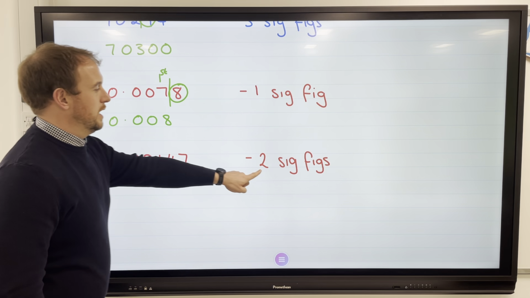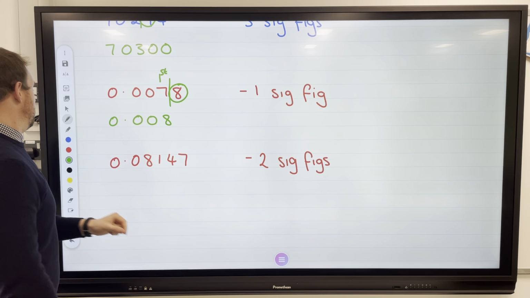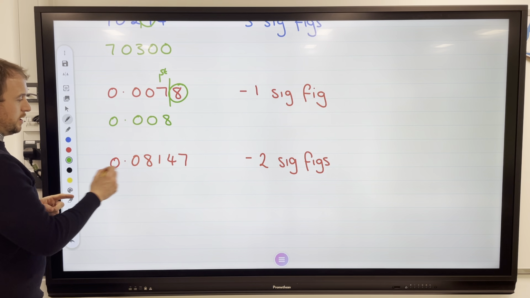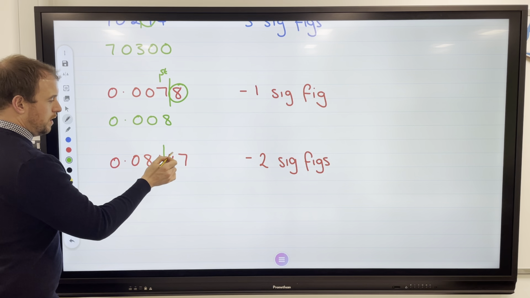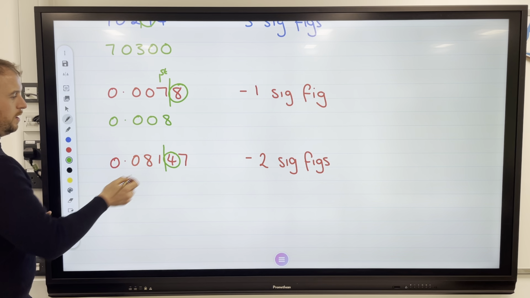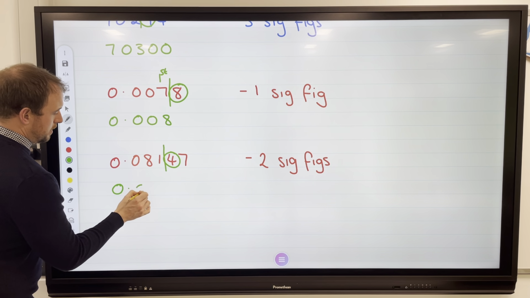This one, given to two significant figures, starts with the first non-zero, so therefore it will start with the 8. So there's 1, 2, draw a line, look at the 4. 4 makes the 1 stay the same, so we have 0.081.